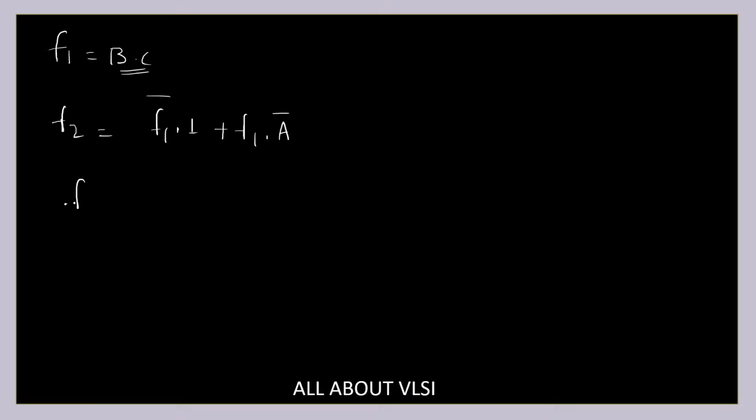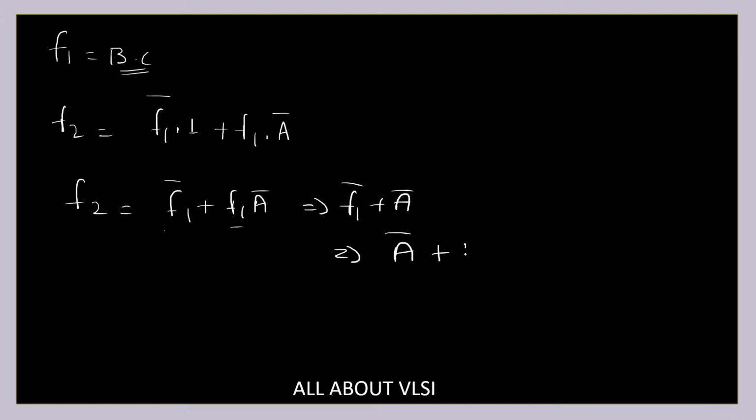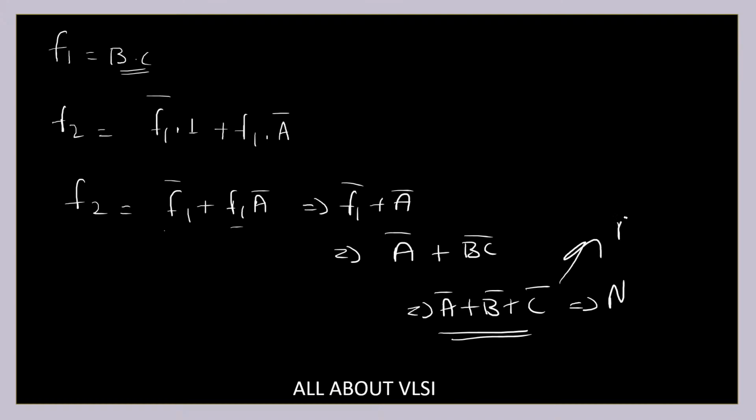If I have F1 complement plus F1 into A complement, where this will cancel out with each other, and F1 plus F1 complement will be equal to 1, I'm left with F1 complement plus A complement, which is nothing but A complement plus B complement C plus C complement, which is nothing but ABC the whole bar, which is nothing but a NAND gate.